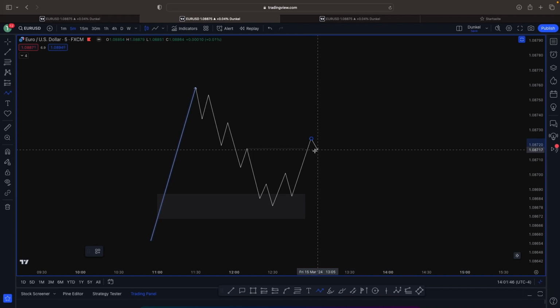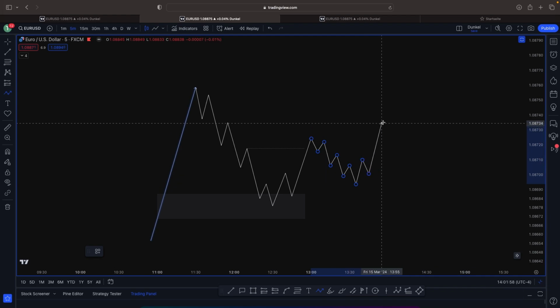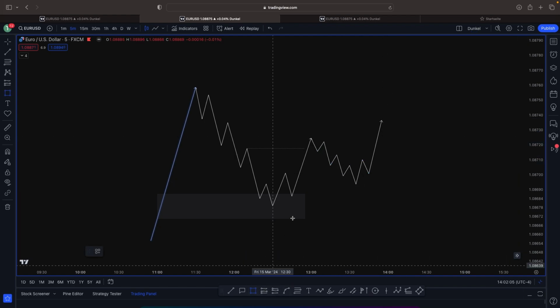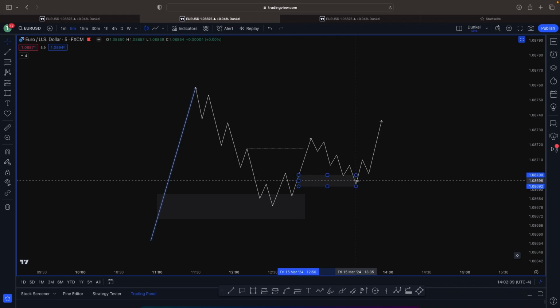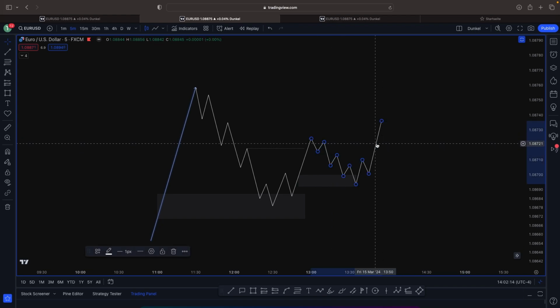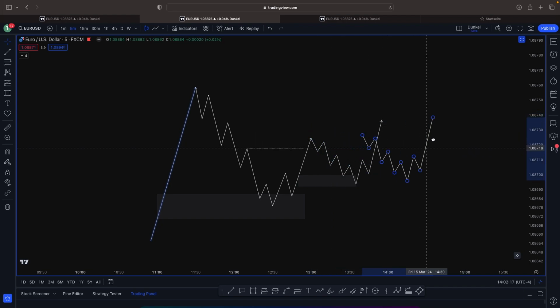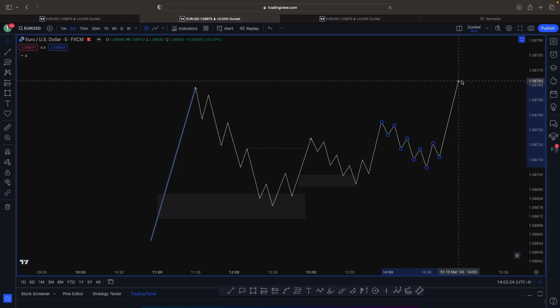So we could have another original consolidation followed by the different stages of distribution with a smart money reversal, getting the next impulse. And this can be repeated over and over again until we break the higher time frame original consolidation high.